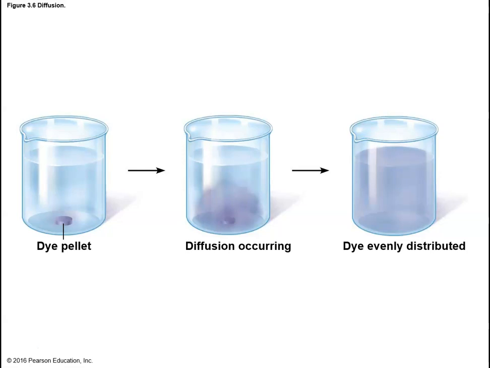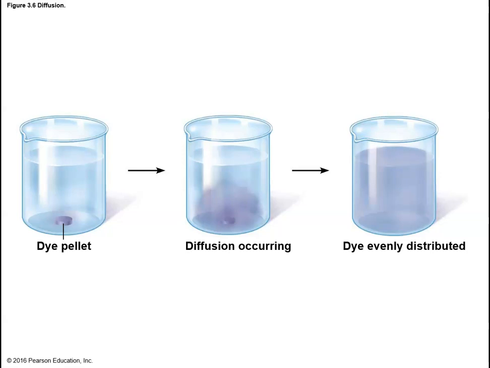Then, because those water molecules are always moving around in that beaker, or always in our body, they will bump into things. And if it can be torn apart, as you'll see here, you see diffusion occurring in the middle beaker. Basically, as the water moves around, it dissolves the pellet, breaking the chemical bonds between the structures there.